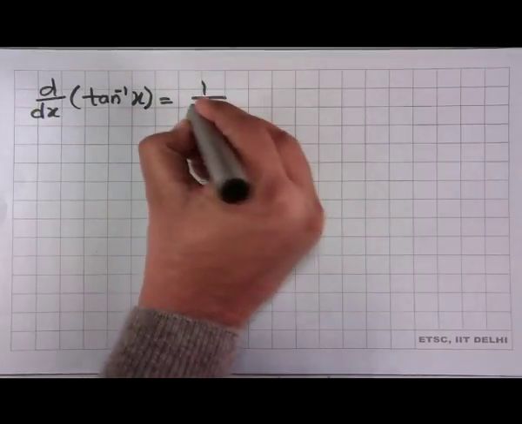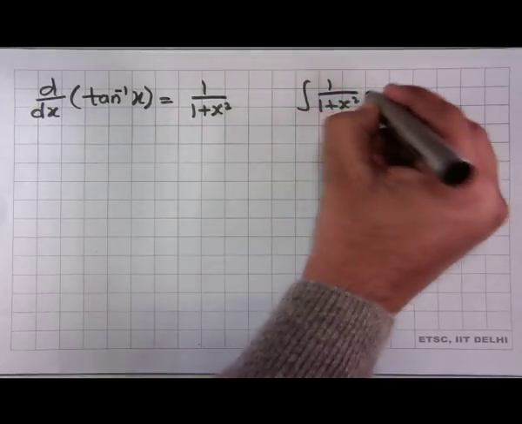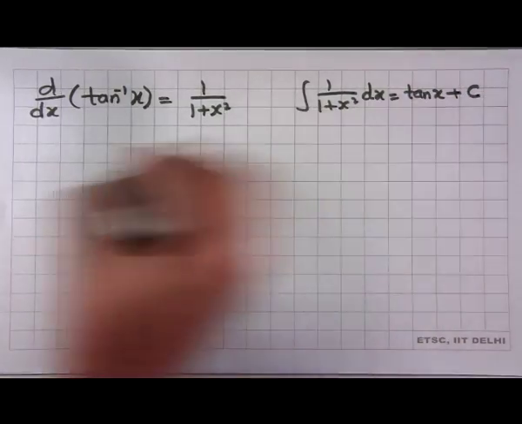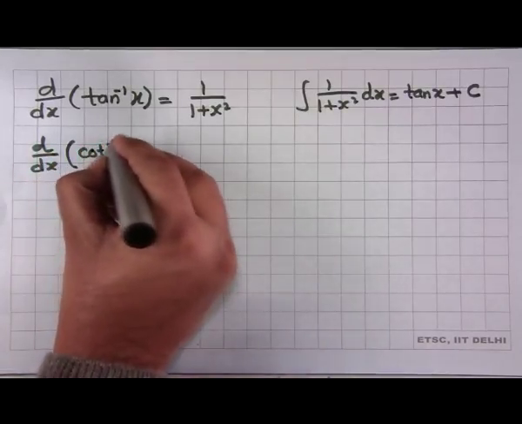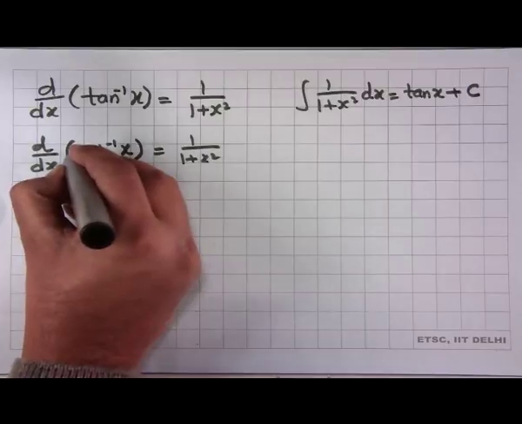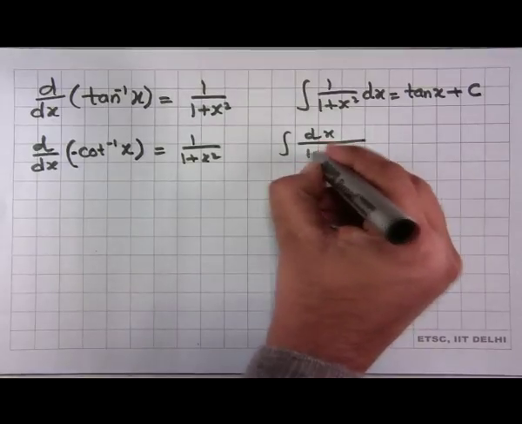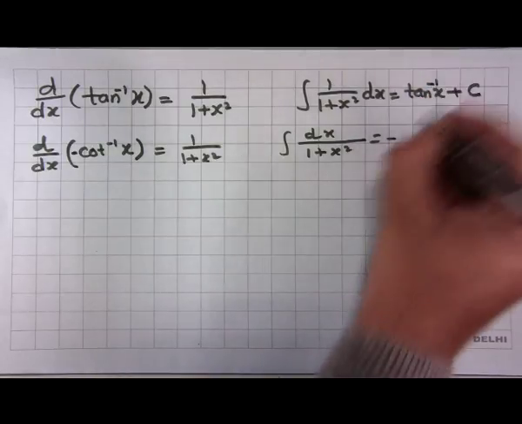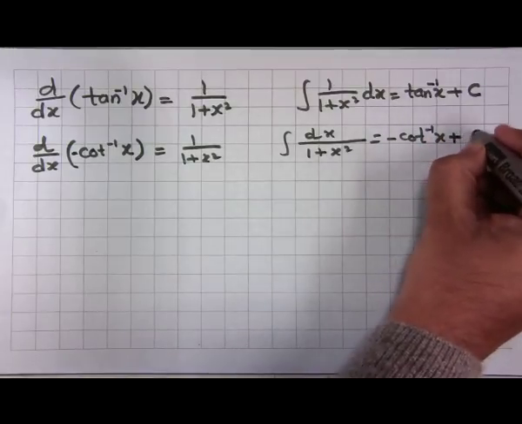We know that it is 1 by 1 plus x square, and therefore, integration of 1 by 1 plus x square dx is equals to tan inverse x plus constant, and parallel to that previous d by dx of cot inverse x is minus 1 over 1 plus x square, which takes minus here, and therefore, integral dx over 1 plus x squared is minus of cot inverse x plus the constant.